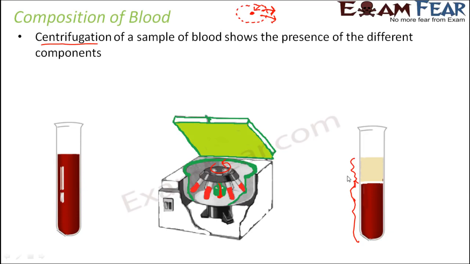So these are the three layers which are observed. This is the first layer, this thin one is the second layer, and this last one is the third layer. When the sample of blood is rotated at a very high speed, it gets divided into these three layers.